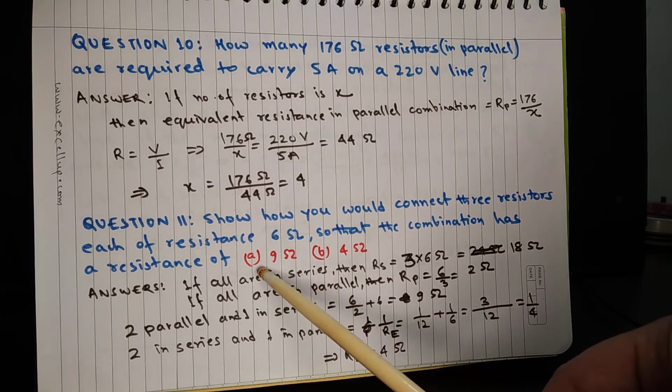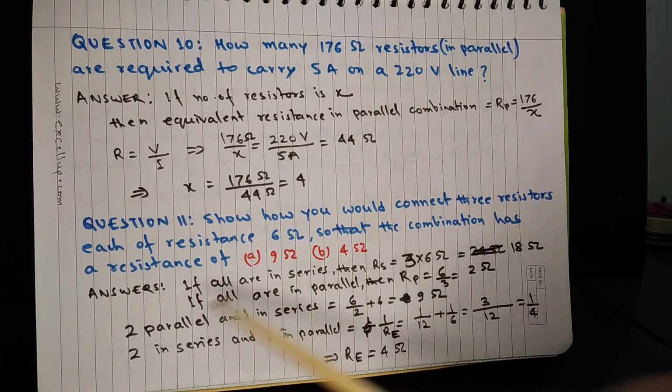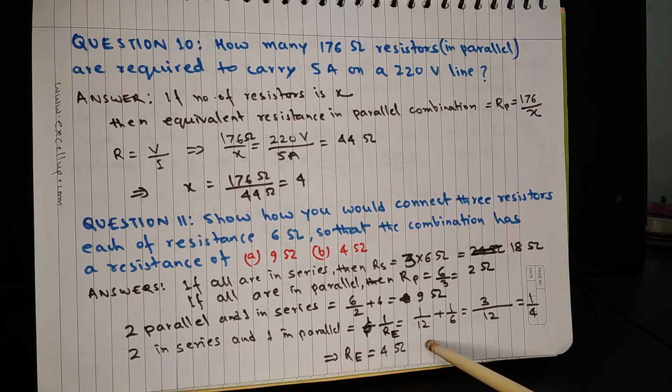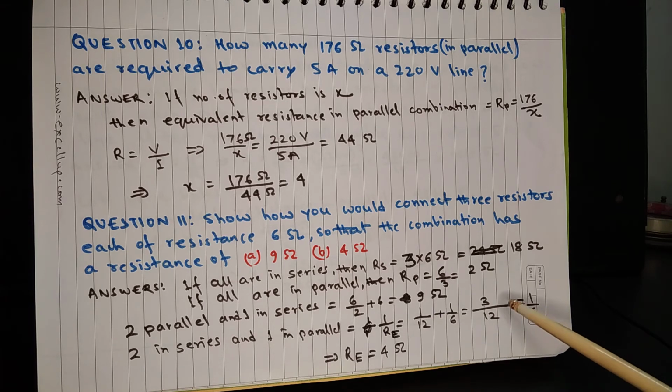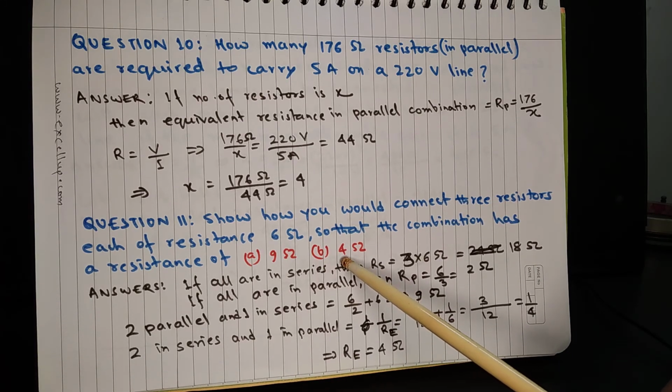This is the same as option A. Now 2 resistors are connected in series and one is connected in parallel to these 2 resistors. For series it will be 12, so taking the reciprocal, 1 upon 12 plus 1 upon 6 is equal to 3 upon 12 is equal to 1 upon 4. So the equivalent resistance is 4 ohm, equal to option B.